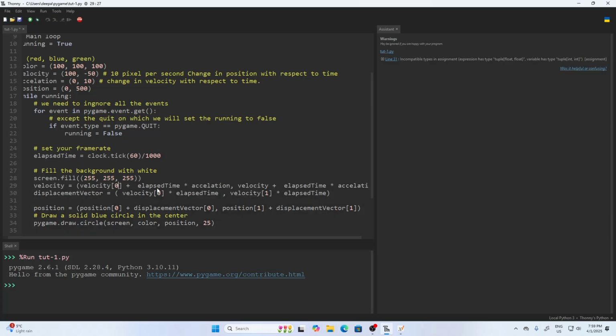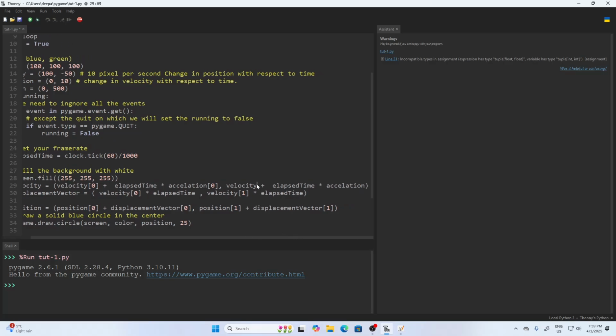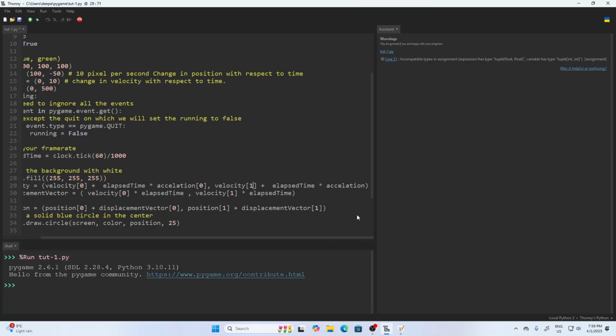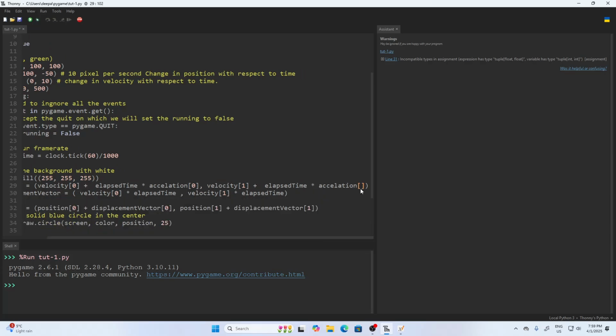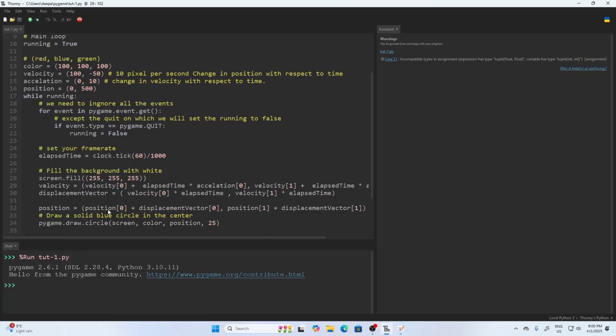Why do we have to write this? We will learn how to fix this problem, but for now we need to do this manually. We'll fix this later. Okay, and this is going to be 1, and this is going to be 1. Okay, so we got this, and the velocity changed.